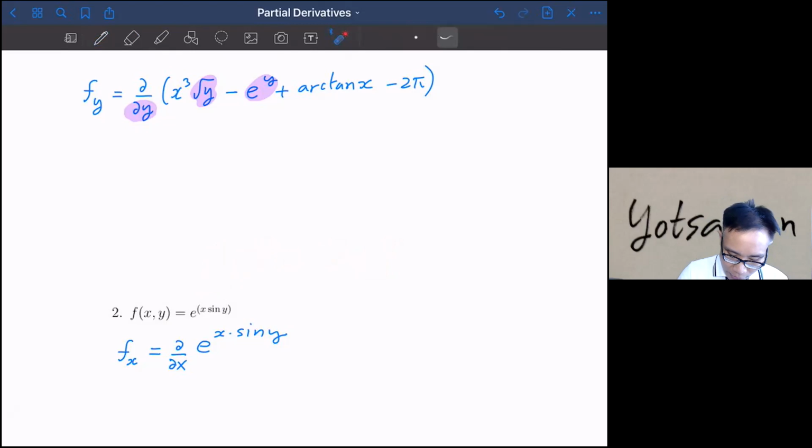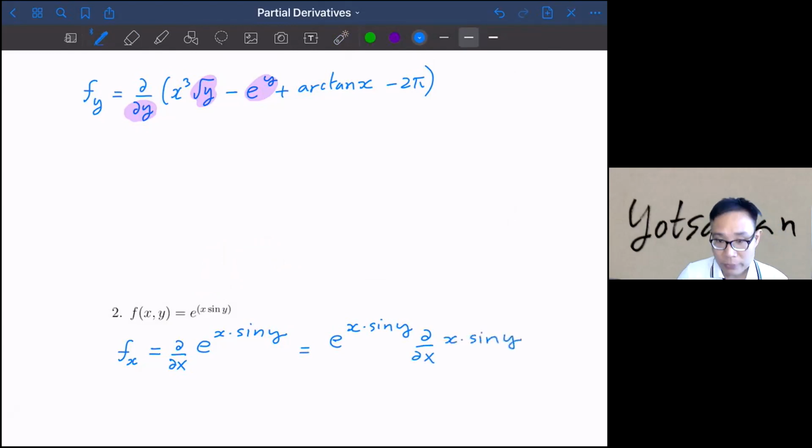So for this one, it's going to be e to the u, and you have the derivative with respect to x of x sine y. Okay, so that will be the thing that we have.